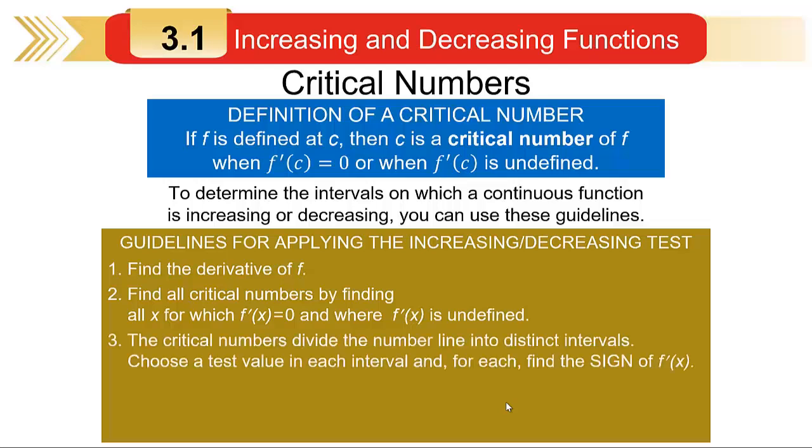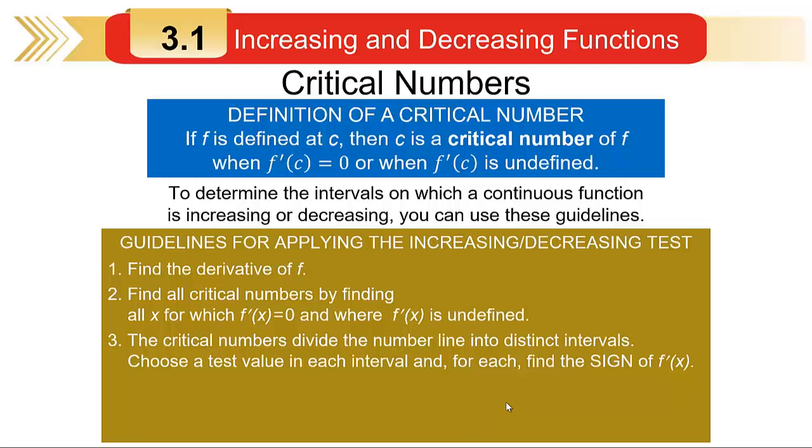Once you find your critical numbers, you'll notice that the critical numbers divide the number line into distinct intervals. So if you think about putting those critical numbers, labeling them on a number line from left to right, you'll see that you've divided the number line up into distinct intervals. And what you want to do is choose a test value in each interval, and for each of those test values, you want to find the sign, whether it's positive or negative, of the derivative.